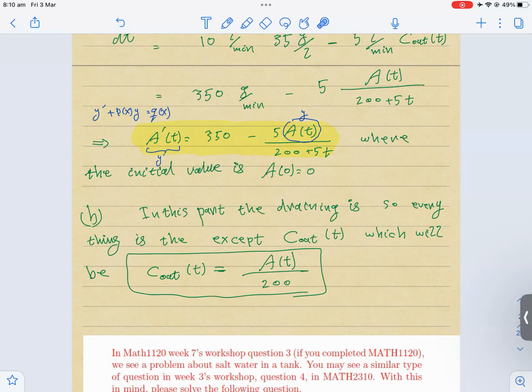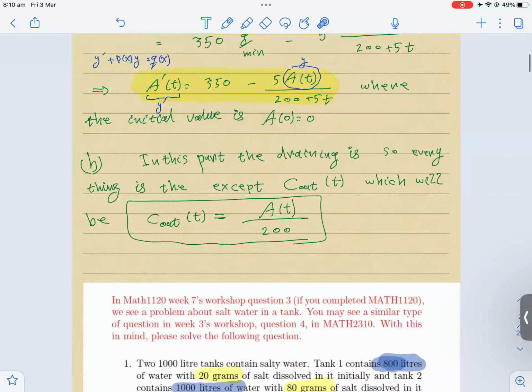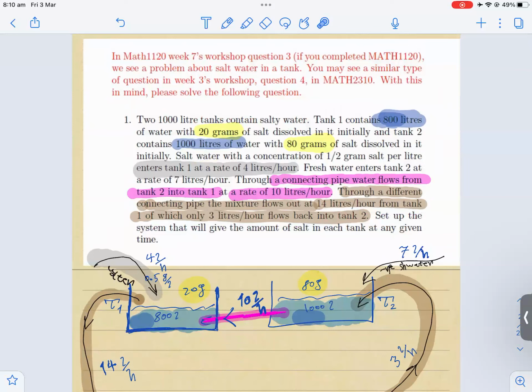By this preliminary question, we can go to question 1. You see that we have 2 tanks. The first one, T1, T2 here, 800 liters of water in it, 1000 liters per minute.